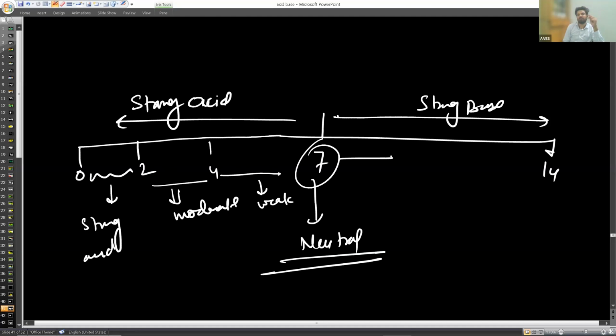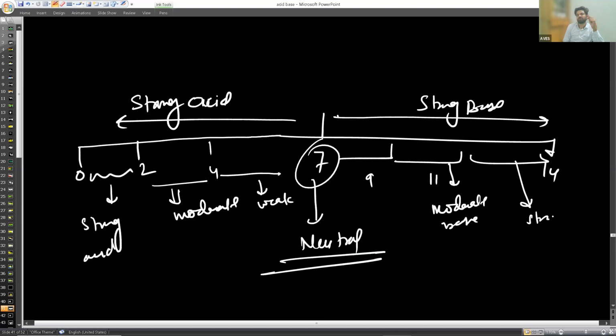Similarly, here also weak base up to 9. Then 9 to 11 is moderate base, and then 11 to 14 is strong base.